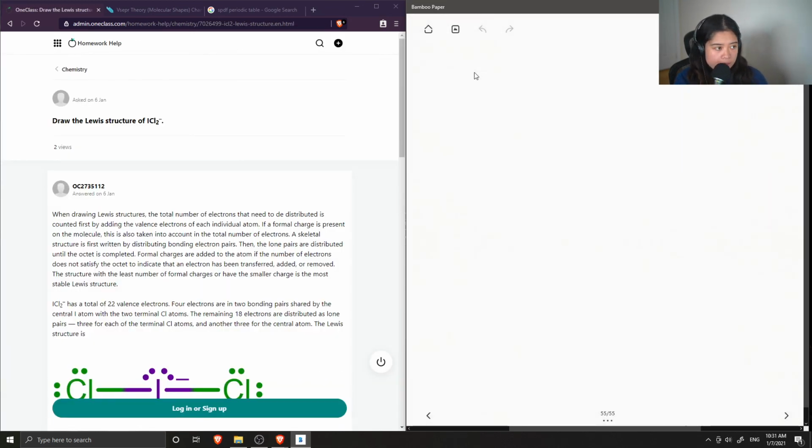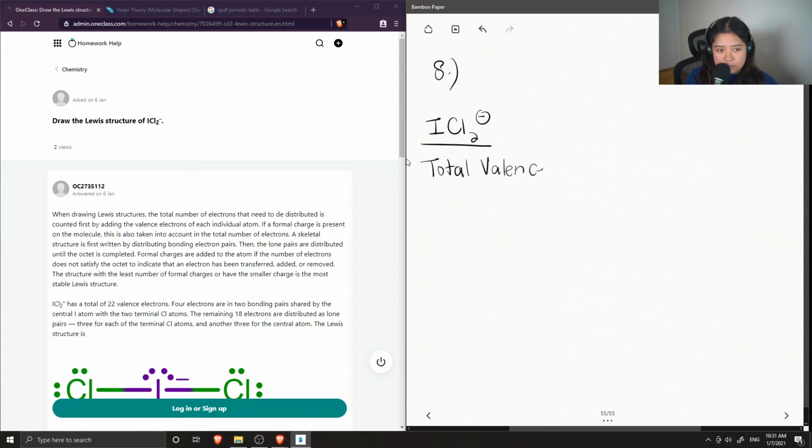Okay, so question number 8. Draw the Lewis structure of ICl2 minus. So first, let's find the total valence electrons for this ion. So for an iodine atom, there are 7 valence electrons.